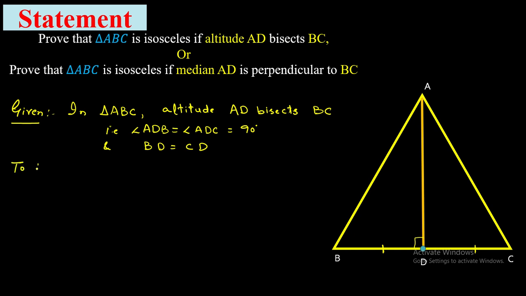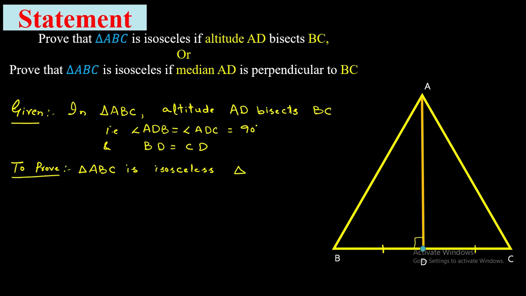Now we have to prove that triangle ABC is an isosceles triangle. Isosceles triangle means we have to prove that two of its sides are equal.